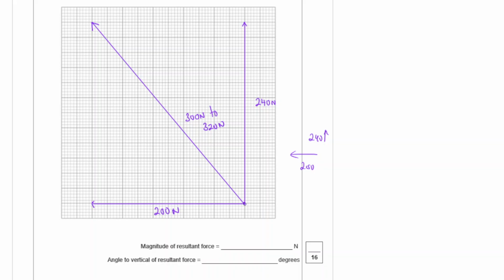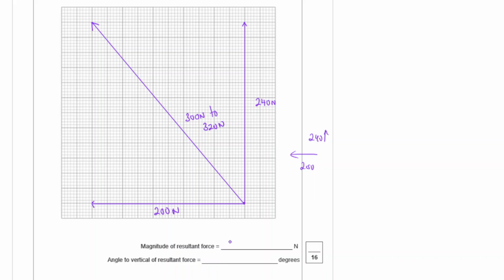So if this was 1 centimeter on your graph paper, from this point to this point it should be about 30 centimeters, which means the graph paper is probably not going to be big enough. But you should be able to use the ruler to measure that.